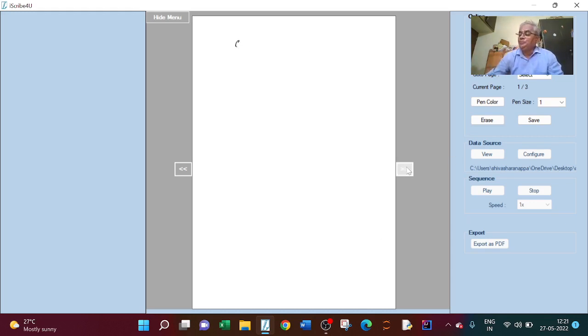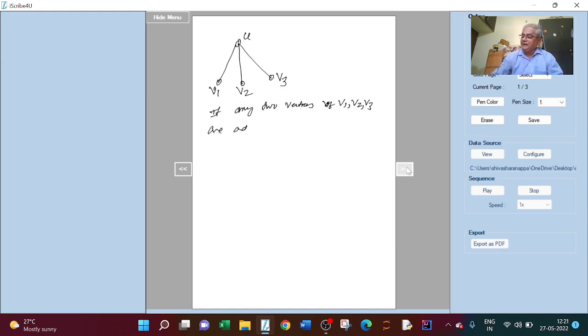I have taken U, a vertex in G. This is adjacent with at least 3 vertices V1, V2, V3. Okay. Now here, if any 2 vertices out of these 3, V1, V2, V3, are adjacent.